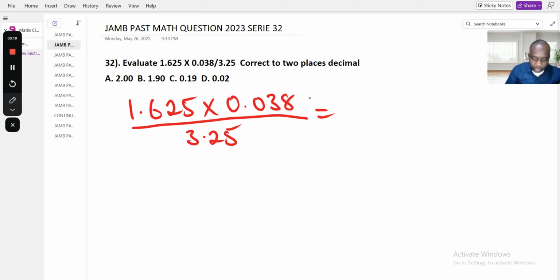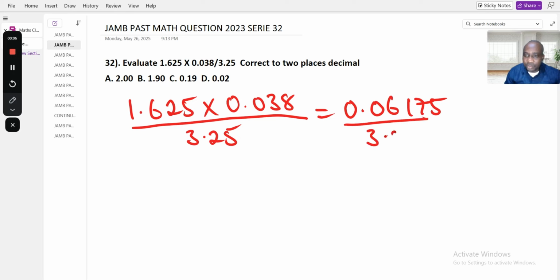It's going to give us 0.06175 divided by 3.25. Yes, it gives us 0.019. The question says correct to 2 decimal places.